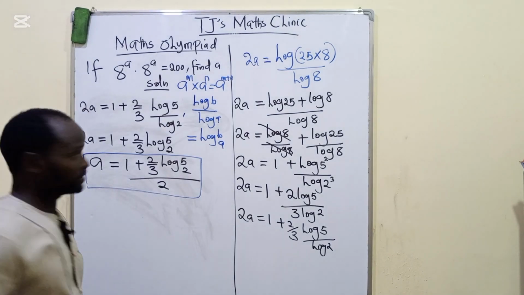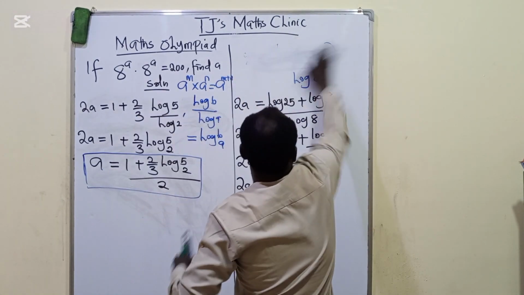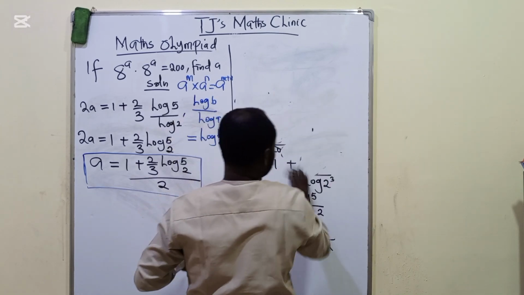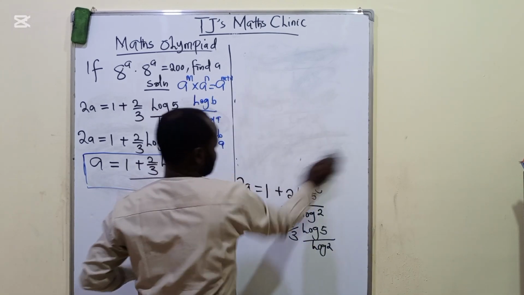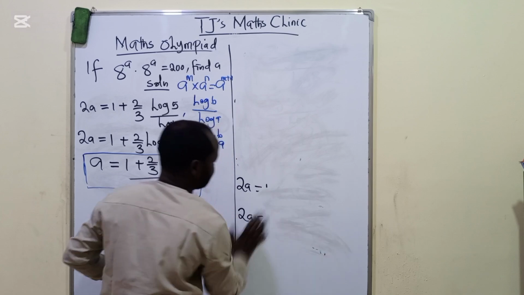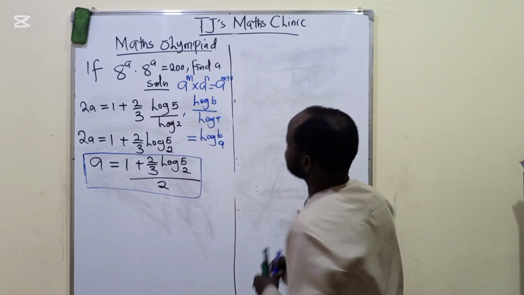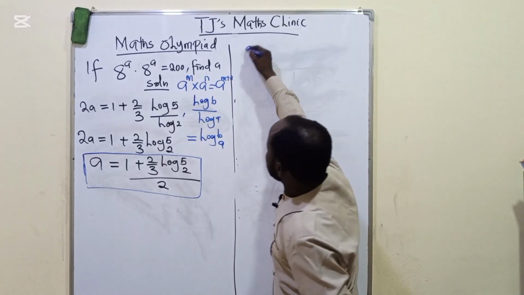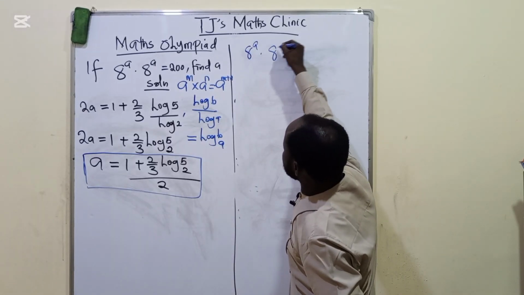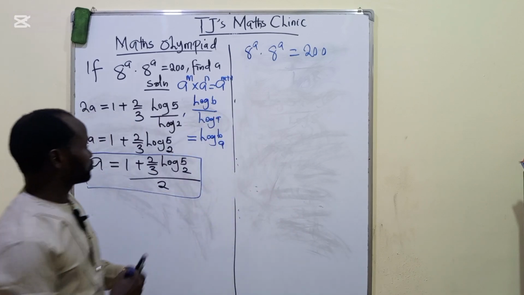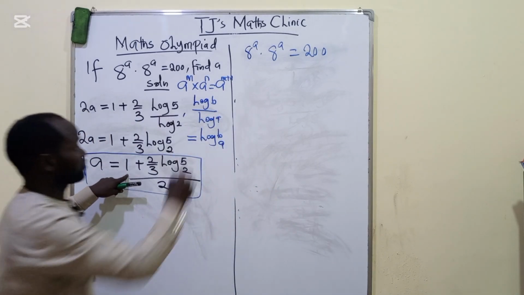Let's check whether it is true. How do we check? Let's plug this value of a back into the original exponential that was given to us and see what we will have. Okay, let's do that here. The original equation is 8^a times 8^a equals 200. If we substitute a now as this, what are we going to have?